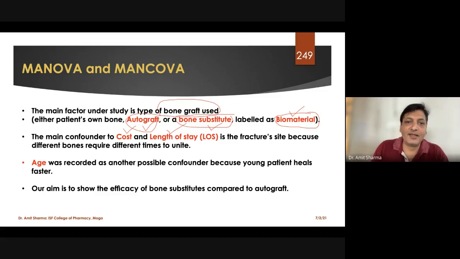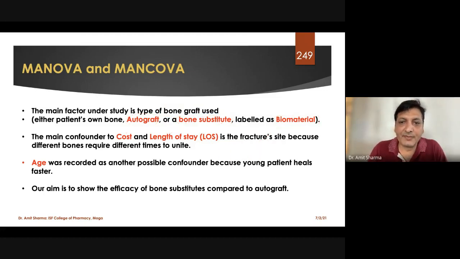For example, if you use autograft, the patient might have to stay 6 days in the hospital. If you use bone graft, then 7 days. And if you use a biomaterial, then 8 days. So you are comparing these days, the type of material used to treat the fracture, by comparing length of stay and cost.